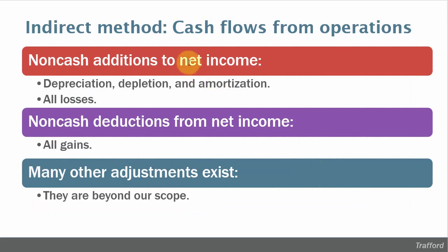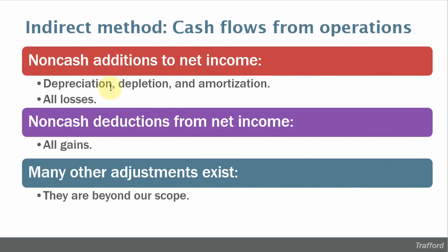Those non-cash adjustments that were at the bottom of the guide are generally things like depreciation, depletion, and amortization. As you know, depreciation doesn't involve cash. You're just allocating the cost of something purchased in a previous period.